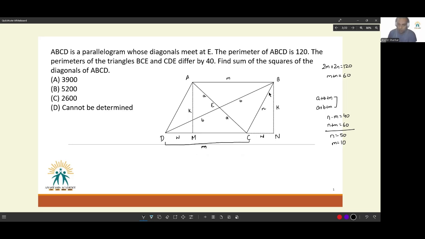Okay. Now, can I say by diagonal AC, AC square should be equal to K square. The triangle I'm looking at is this one. AC square is equal to K square plus M minus W square.